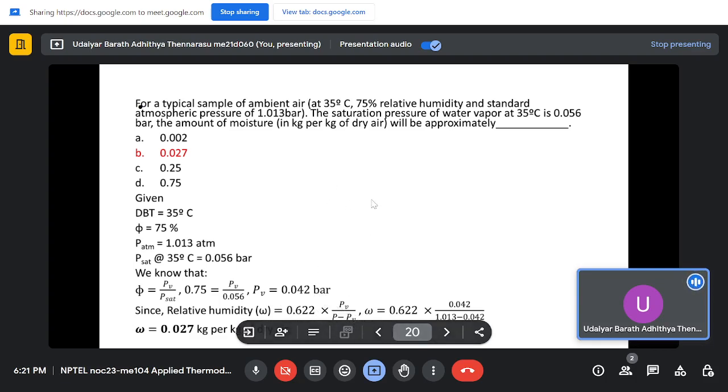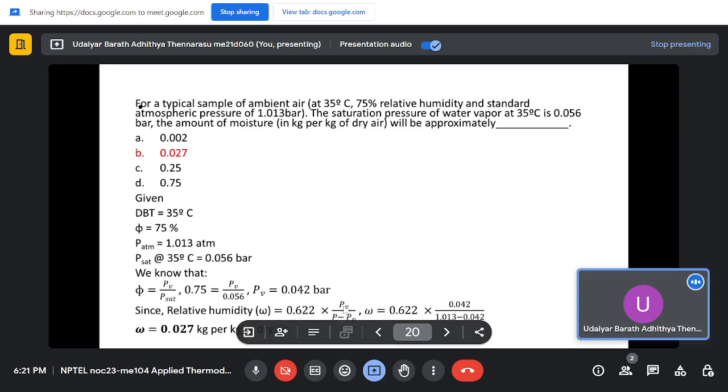So mass of dry air is nothing but mass of the total air mixture minus mass of vapor. So that can be converted into pressure, and this term comes because of your molecular weight. So then it can be reduced to omega equals 0.622 into PV by P minus PV.